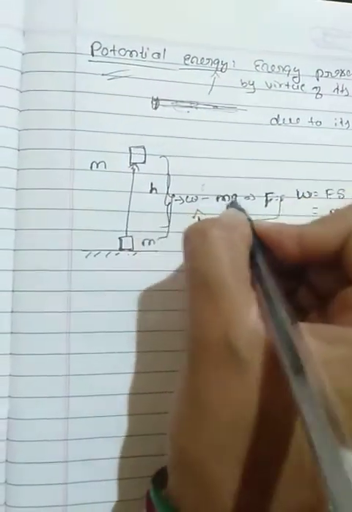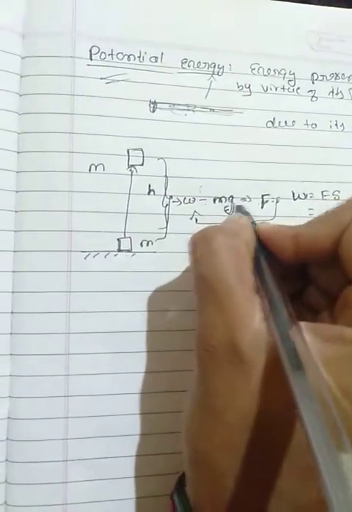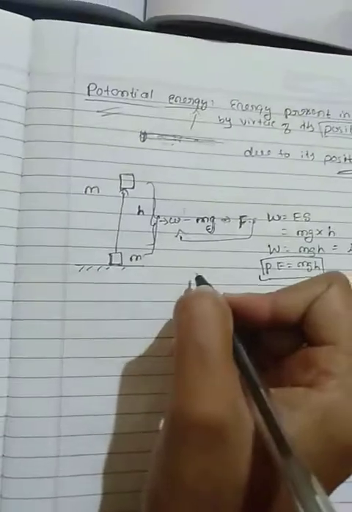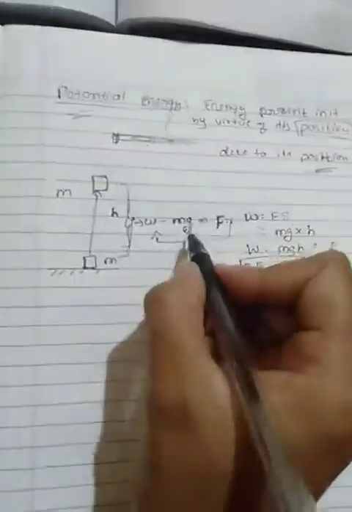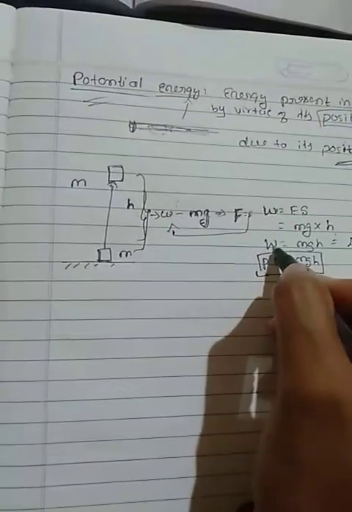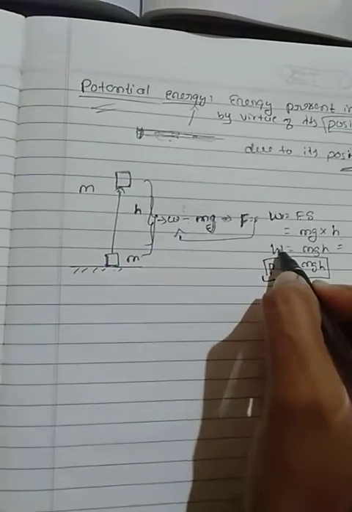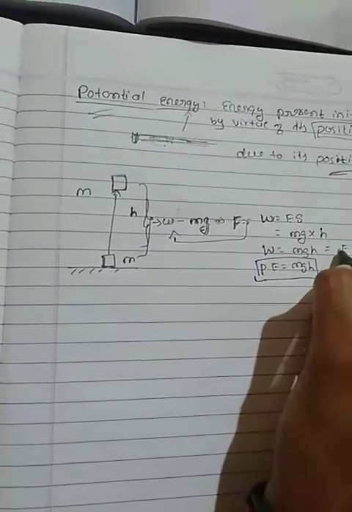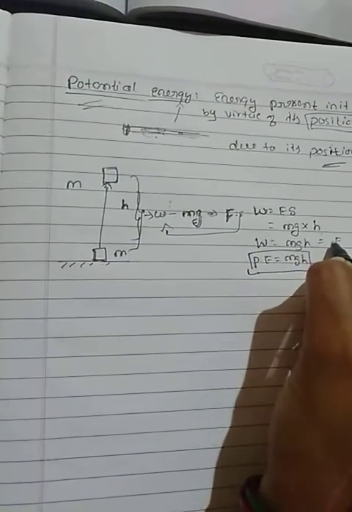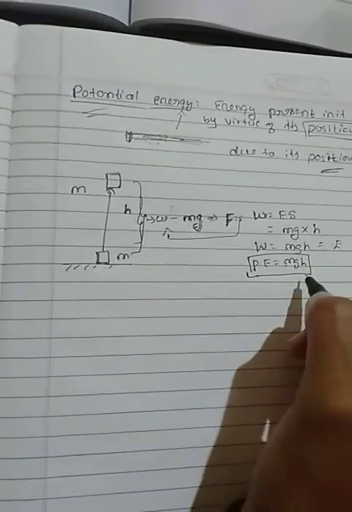The weight is equal to m into g, which is always equal to force. In the place of force, write mg, and the displacement is h. So W is equal to mgh. W means work done, which is always equal to energy E. So potential energy is equal to mgh.